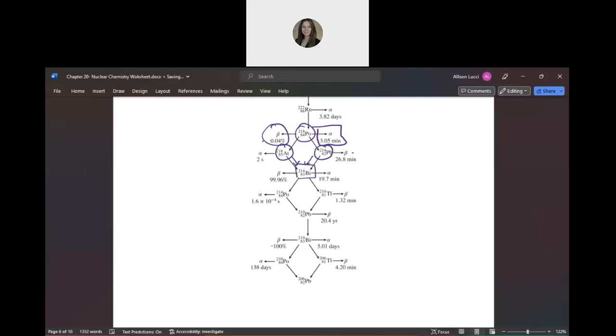Eventually we get a different isotope of lead, lead-210, another isotope of bismuth, then after another beta decay, and finally, after all 14 decays, we end up with a stable isotope, which is lead-206. That is an example of a naturally occurring decay that happens in a series of steps.